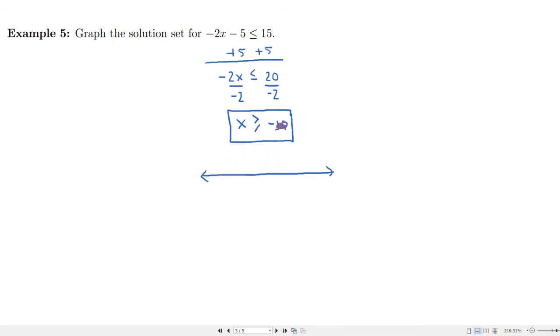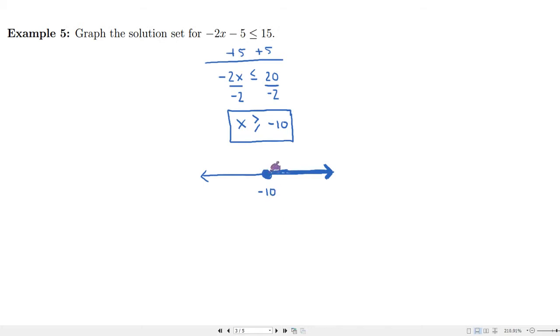So let's graph that. So negative 10, we're going to be x is greater than or equal to negative 10. So let's fill in negative 10. And x is going to be the values that are greater than or equal to this. So we're going to fill in this side. Okay, and in interval notation, what are we going to have?